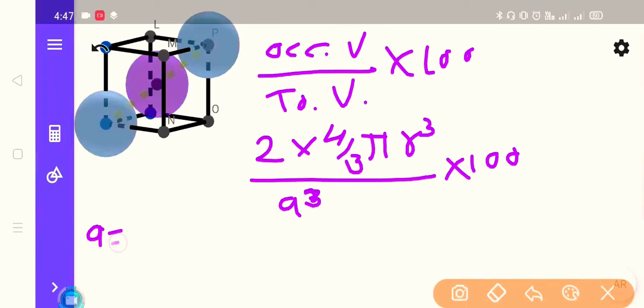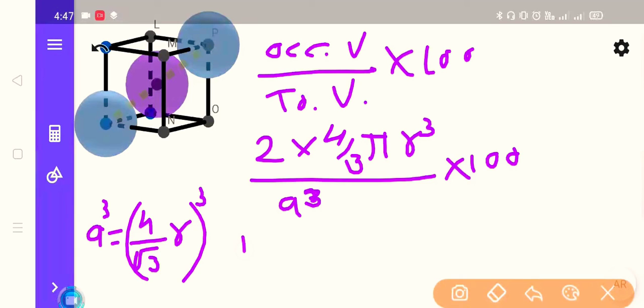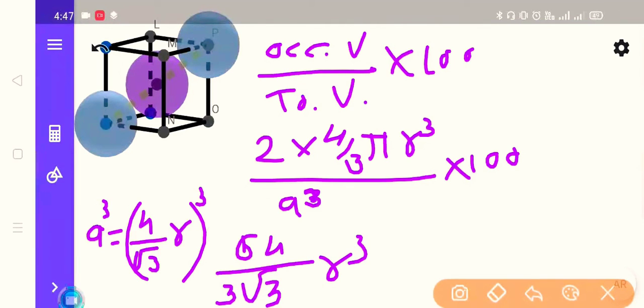For the given equation, A is equal to 4 by root 3 r, so a cube is equal to 4 by root 3 r whole cube, that is 64 by 3 root 3 r cube.